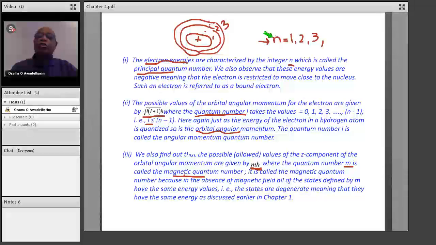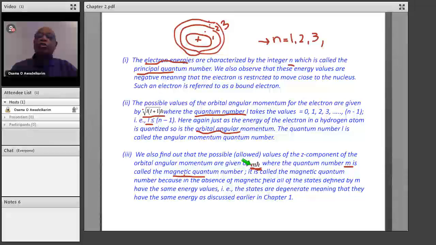And we also saw that the angular momentum of the electron, as it is residing in a given shell, is also quantized and has certain values, as well as the projection of the angular momentum along the axis of quantization.